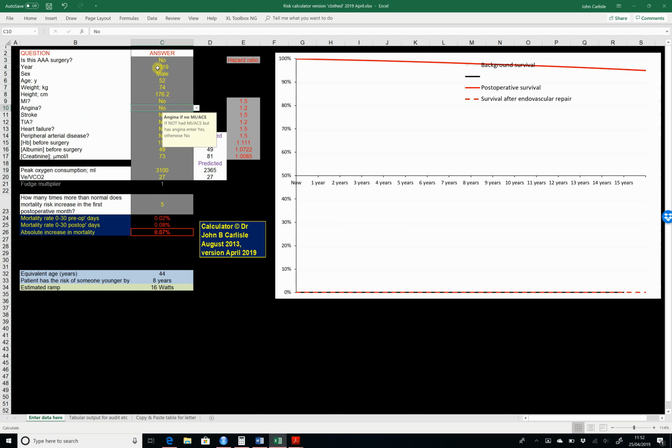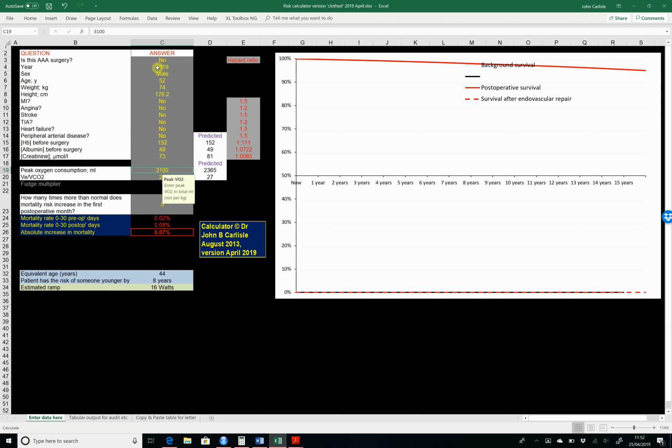Have they had angina? Have they had a stroke? Have they had a TIA, transient ischemic attack? Have they got heart failure? Have they got peripheral arterial disease? And then 3 blood results: hemoglobin in grams per litre, albumin grams per litre, and creatinine concentration in micromoles per litre.